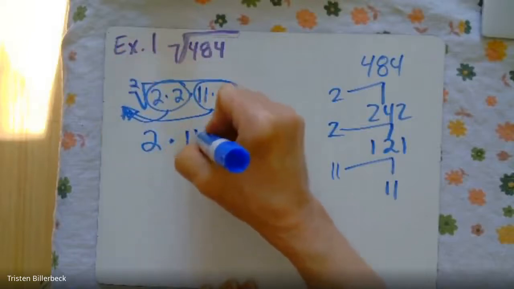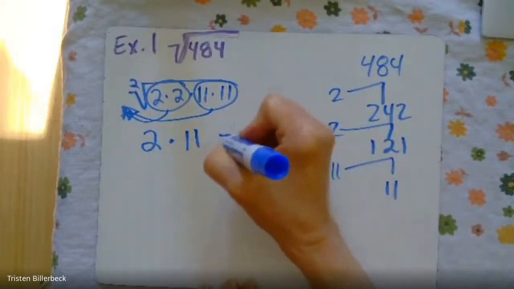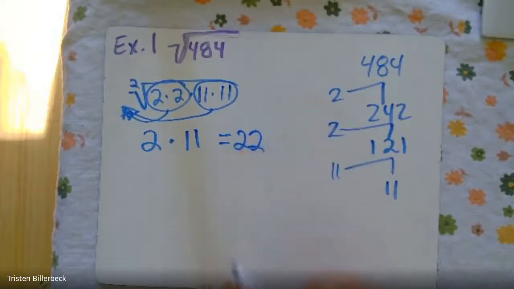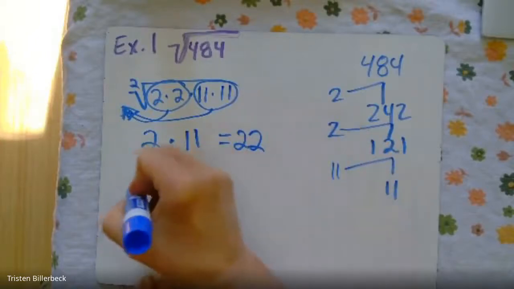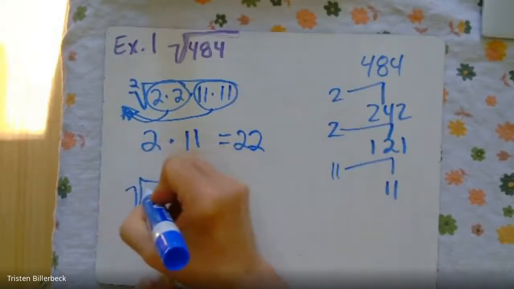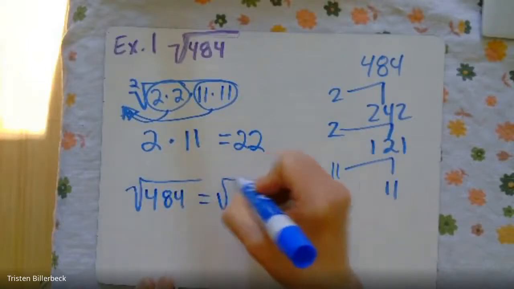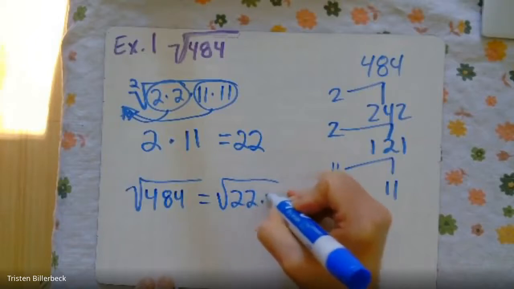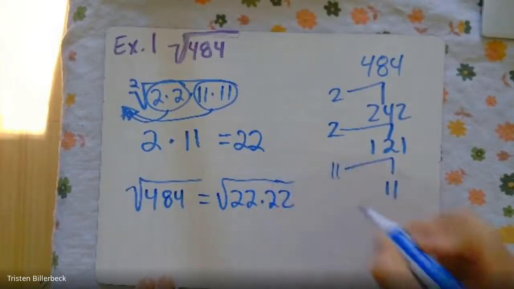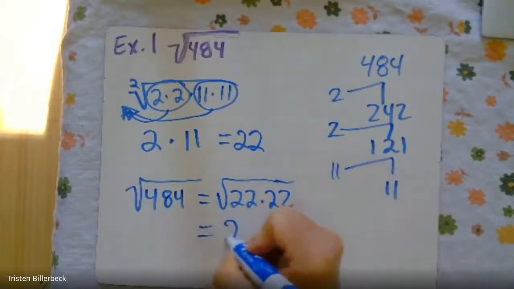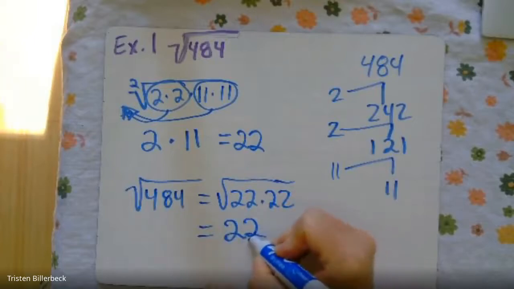So 2 times 11 is 22. So the square root of 484 really was the square root of 22 times 22, which equals 22.